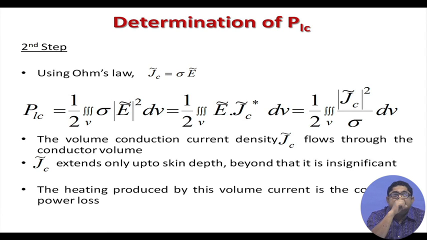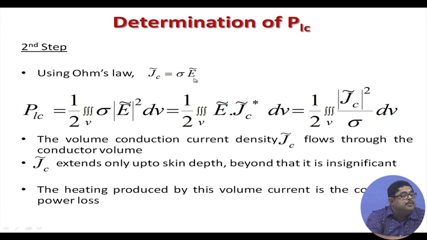So, we say that up to one skin depth there is significant field diffusion, and beyond that depth there is practically no field. So, we will now have to tackle that, using Ohm's law to find the surface current density which is flowing through the volume of the conductor.